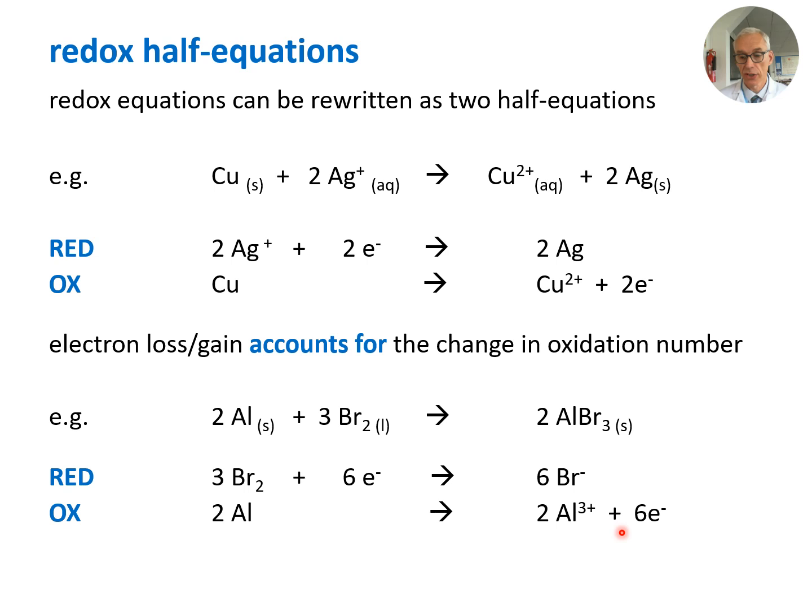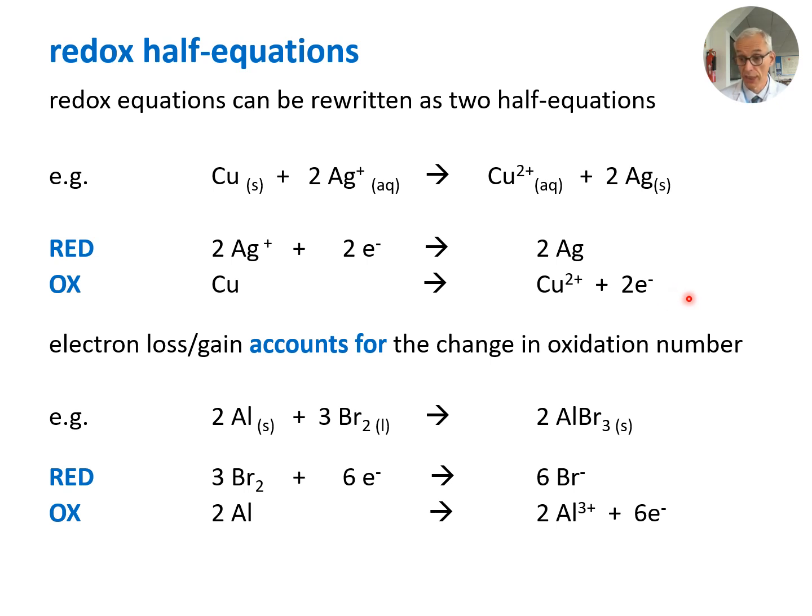So in both examples, you'll see that the number of electrons gained in the reduction, 6 electrons, is equal to the number of electrons lost in the oxidation. The numbers of electrons gained in the reduction is equal to the numbers of electrons lost. So in a balanced redox equation, we're just transferring electrons. The numbers of electrons gained must be the same as the numbers of electrons lost.